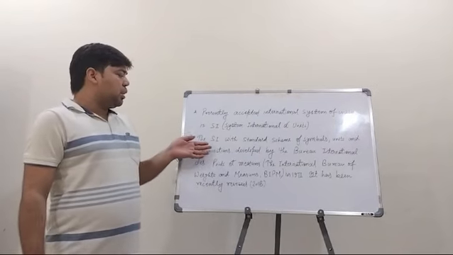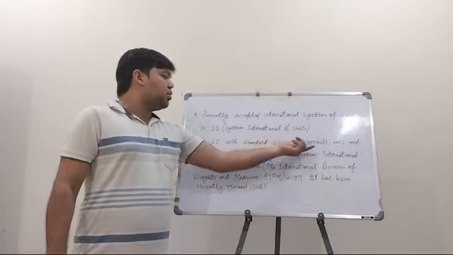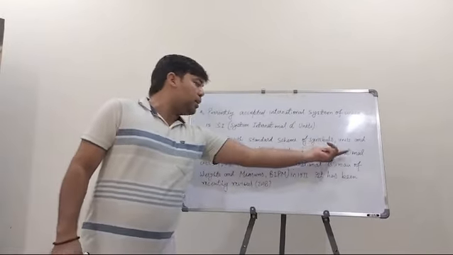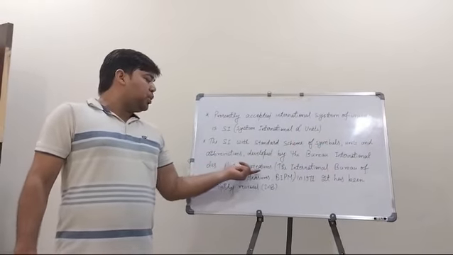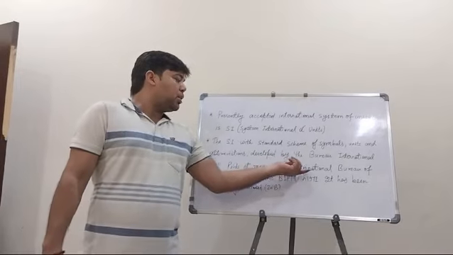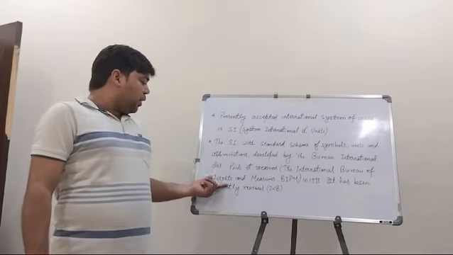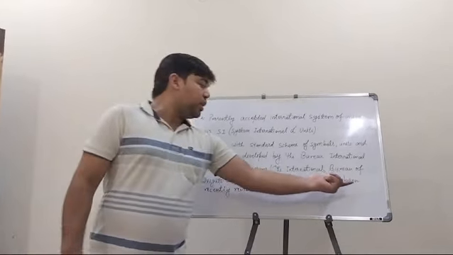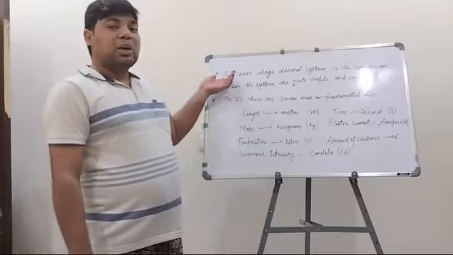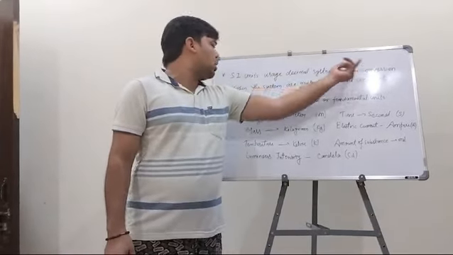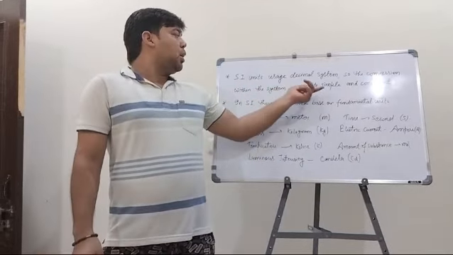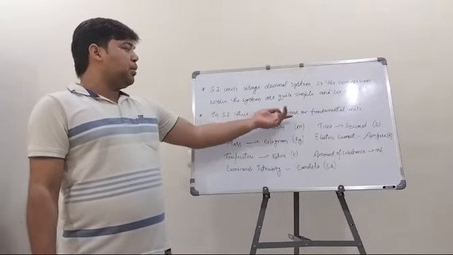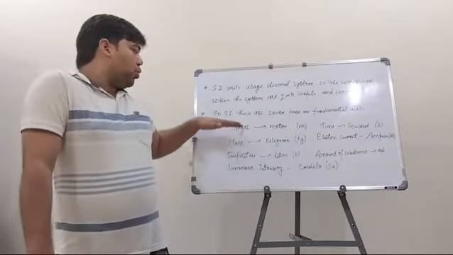The SI, with a standard scheme of symbols, units and abbreviations, was developed by the Bureau International des Poids et Mesures in French, or the International Bureau of Weights and Measures, BIPM, in 1971. It has been recently revised in 2018. It uses the decimal system, so the conversions within the system are quite simple and convenient. Now in SI there are 7 base or fundamental units. So what are they?